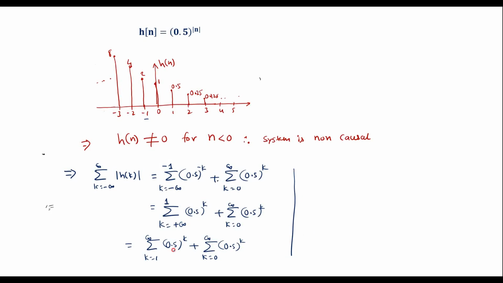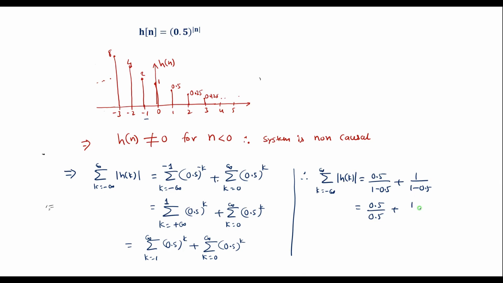Or I can further simplify this as, so it is of form alpha raised to k, which is nothing but alpha divided by 1 minus alpha, because k is equal to 1. So therefore summation k is equal to minus infinity to infinity h of k is equal to 0.5 divided by 1 minus 0.5 plus 1 upon its value is 1 minus 0.5, or I can write it as 0.5 by 0.5.